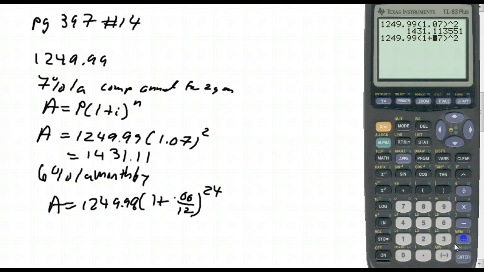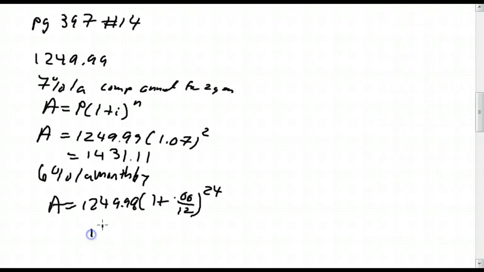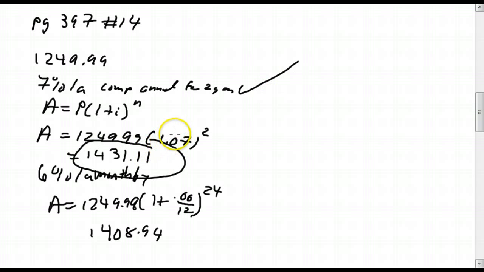If you like, you can just go 2 times 12 to do the monthly. And we get 1408.94. So this is the option that she should take, as it will get her more money. And that's one of the finance questions.